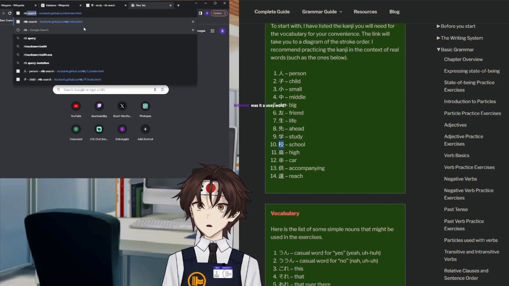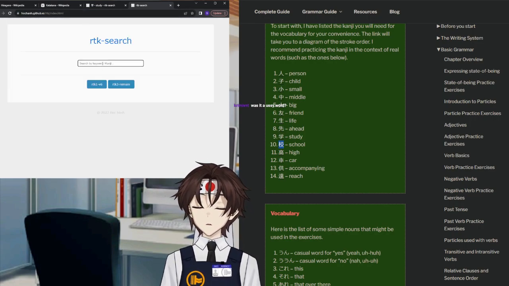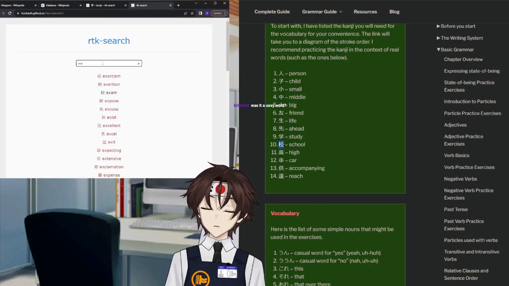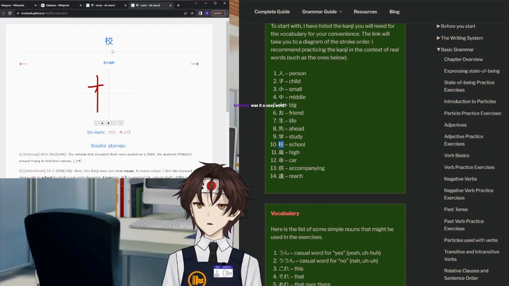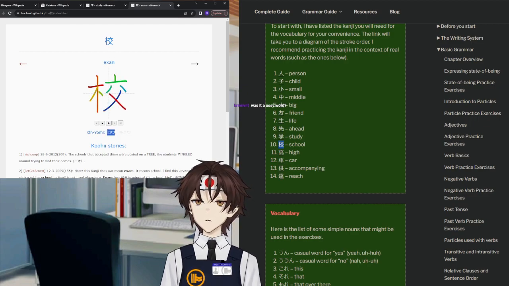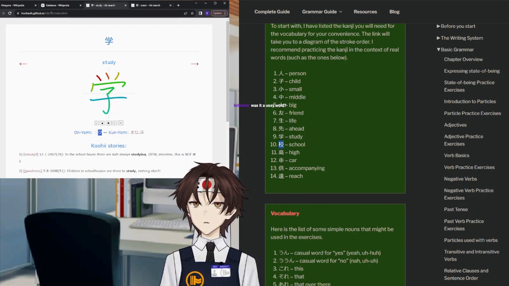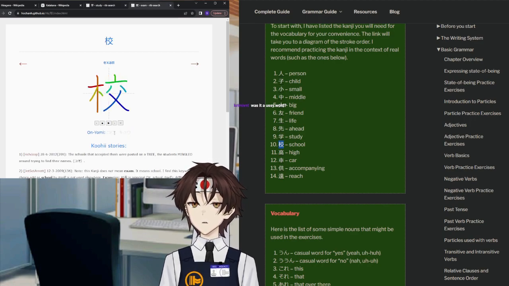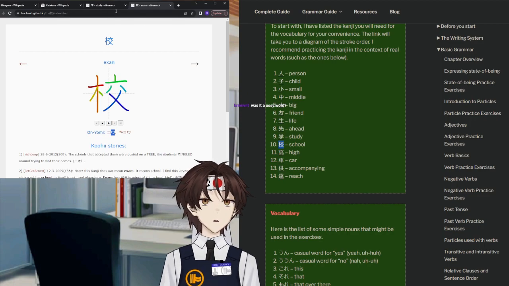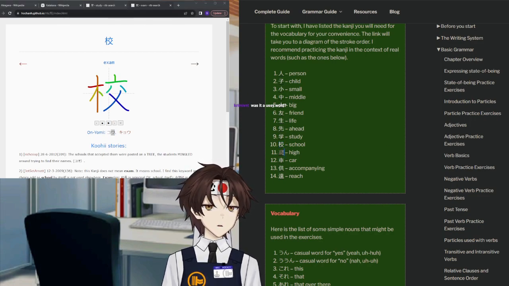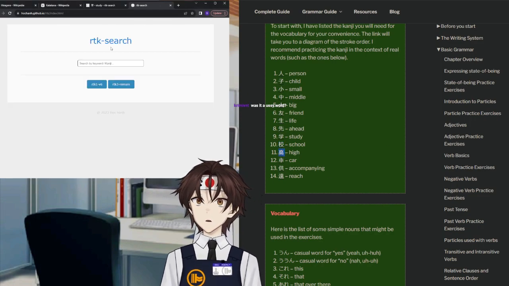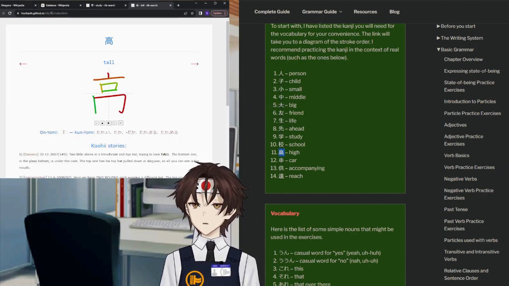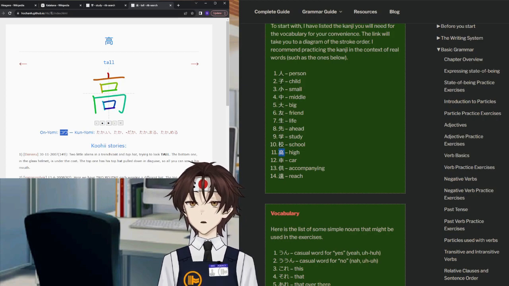So when I go, it uses two onyomi readings in total, right? So exam, gaku, yeah. So gaku and then ko. Yeah, this one. And ko. Yeah, cool, cool.